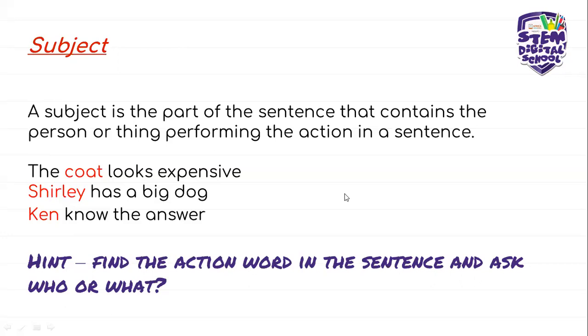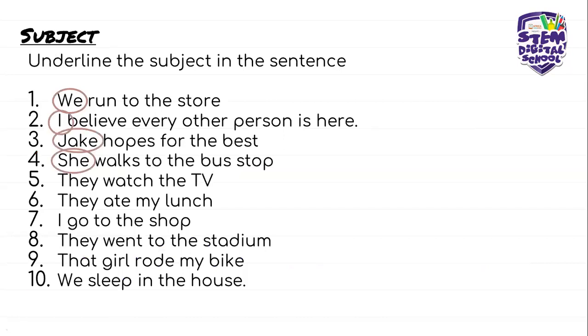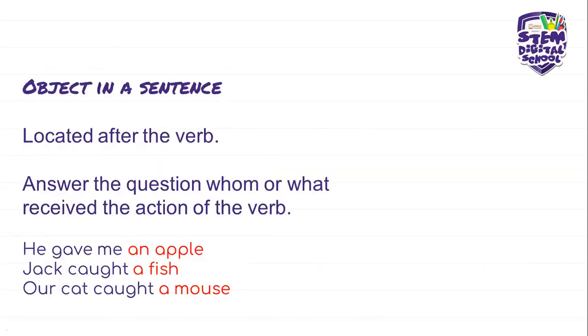Okay, nothing. That is fine. The object in the sentence is located after the verb. It answers the question whom or what received the action of the verb.